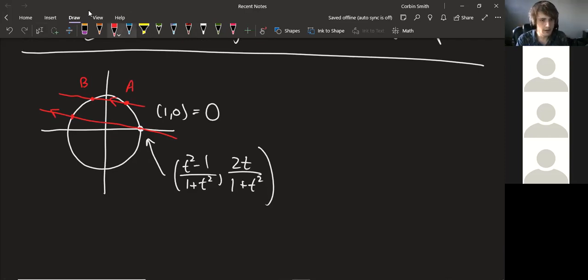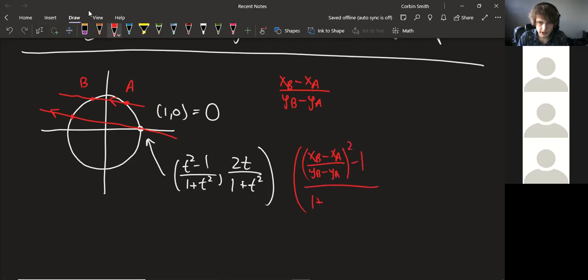So the slope between this is going to be xb minus xa over yb minus ya. And so if we plug that into here, then we get xb minus xa over yb minus ya, squared, minus 1, over 1 plus the same thing.